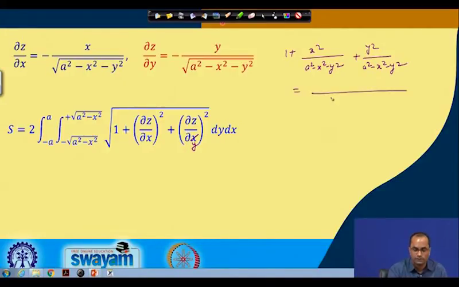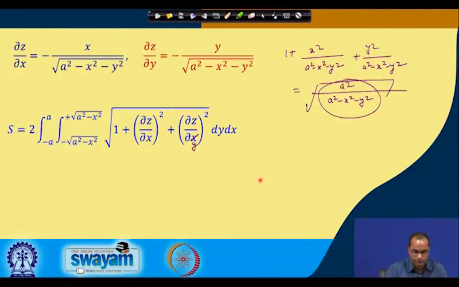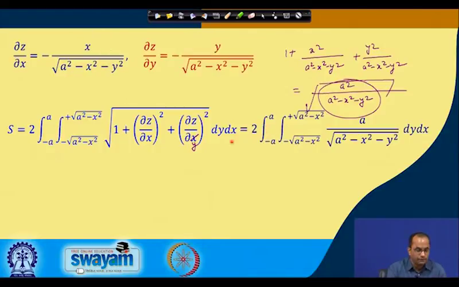So, taking this common, x square plus y square will get cancelled, and then we will get this one. So, this will be a over the square root a square minus x square minus y square. So, again the same limits what we have there, and the integrand becomes this a over square root a square minus x square minus y square and dy dx.